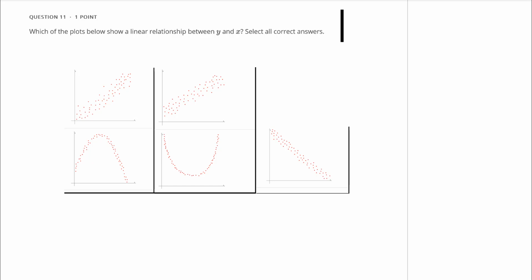In addition, for Chapter 4, we're going to be looking at different graphs, and in particular, this question is asking us which of the plots below show a linear relationship of y and x. Select all the correct answers.